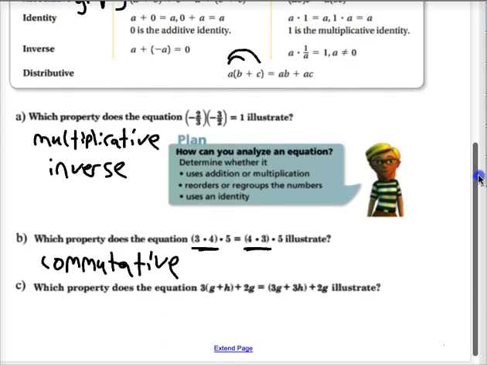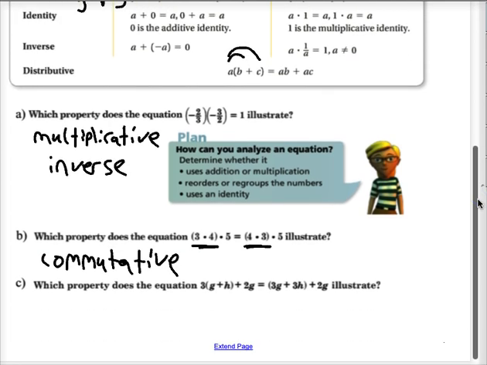And then finally, the last one. Which property does that equation represent? Again, I see some grouping happening, but it's not the grouping that's changing. What's changing here is that they're taking that 3 and multiplying it into the parentheses. And remember, that has a really special name, something that's been drilled into you since elementary algebra.